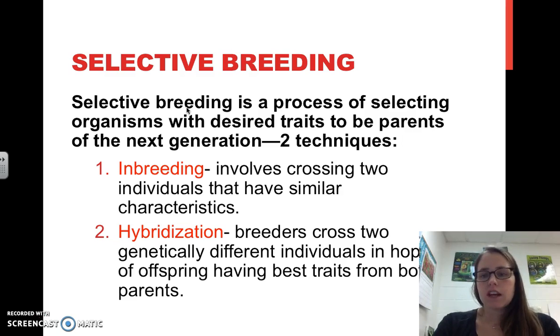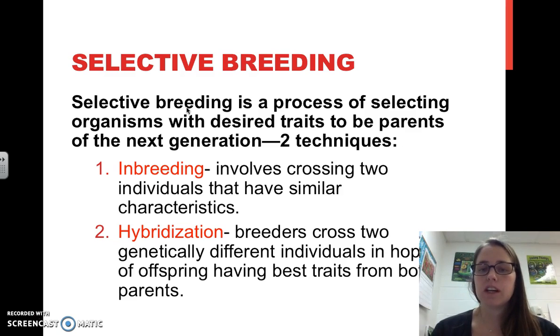So one way of genetic engineering, and this is one that is very common and has been around forever, since Mendel was around in the 17th century, is selective breeding. Selective breeding is a process where we select organisms with the desired traits to be the parents of the next generation. Now we have two different approaches.